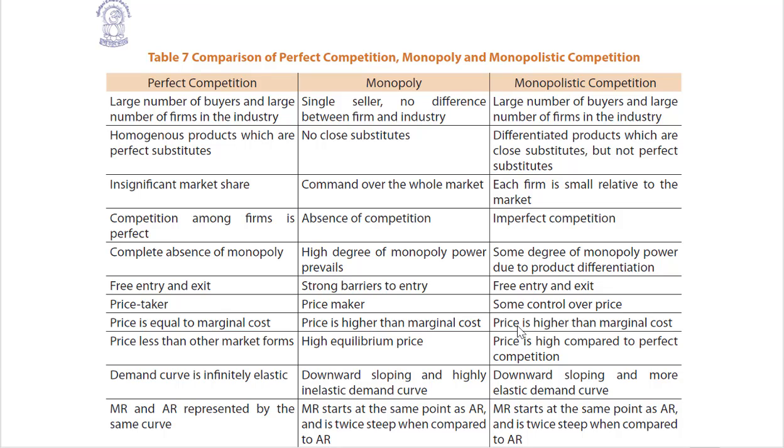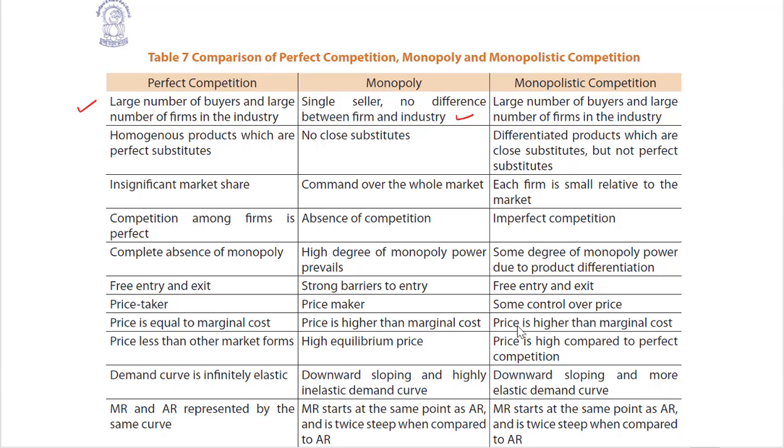In perfect competition, we have a large number of buyers and a large number of firms, that is sellers, in the industry. In the monopoly, as we know, there is a single seller and no difference between the firm and the industry, because the industry consists of a single firm or a single seller.